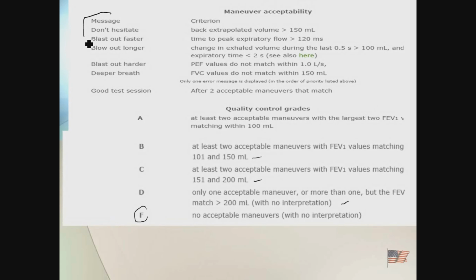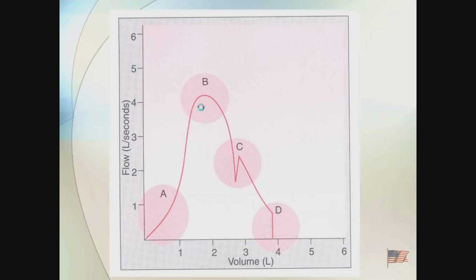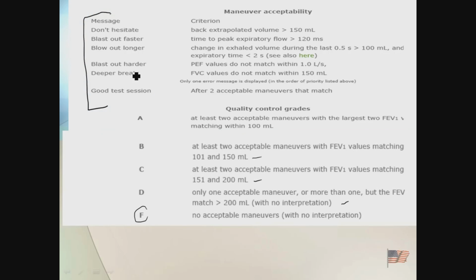And again, you can watch the messages as they're reading out. A lot of them will have coined phrases like, don't hesitate, meaning I'm seeing a back extrapolated volume greater than 150 milliliters. Blast out faster. The time to getting to the top of that peak flow is too long. I'm not seeing it immediately. Blow out longer, meaning I'm not seeing the maximal effort because I have terminated earlier.